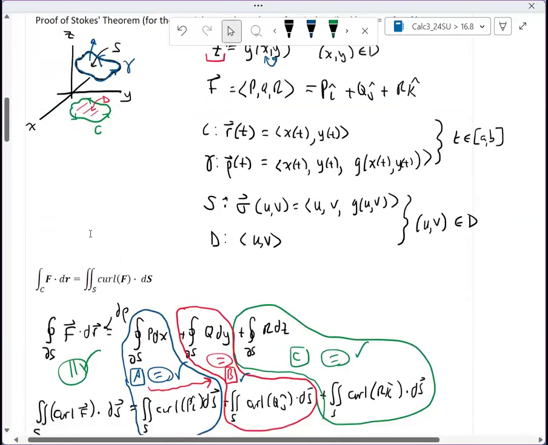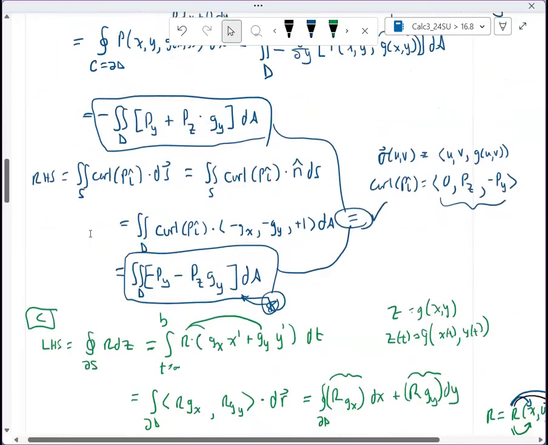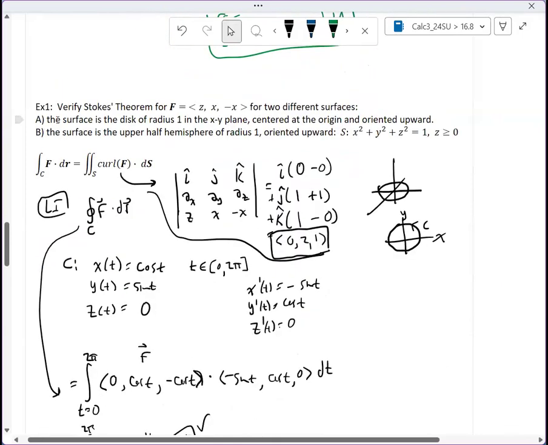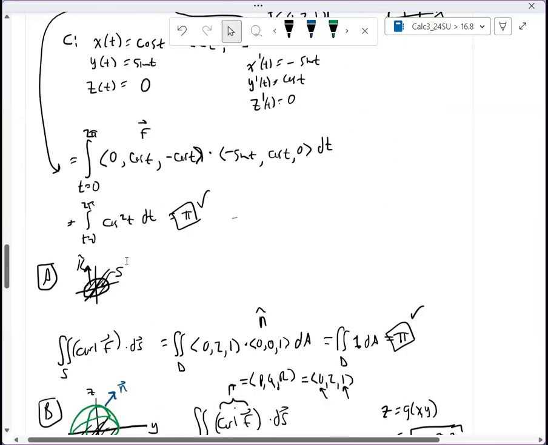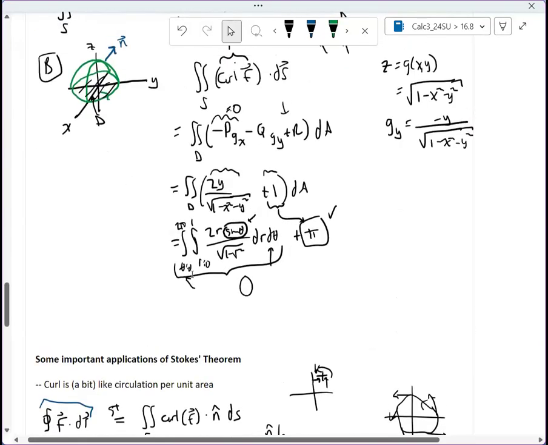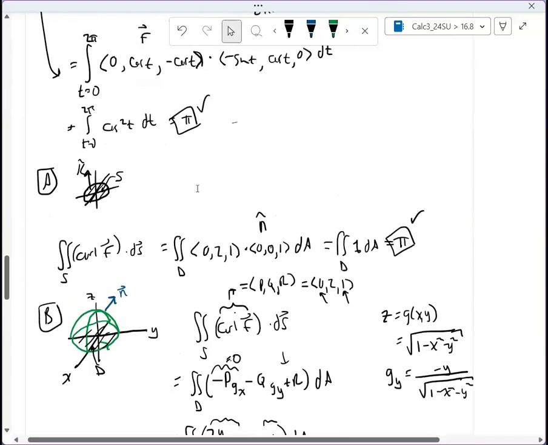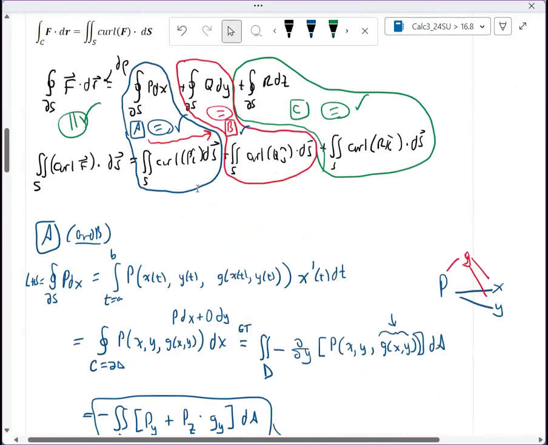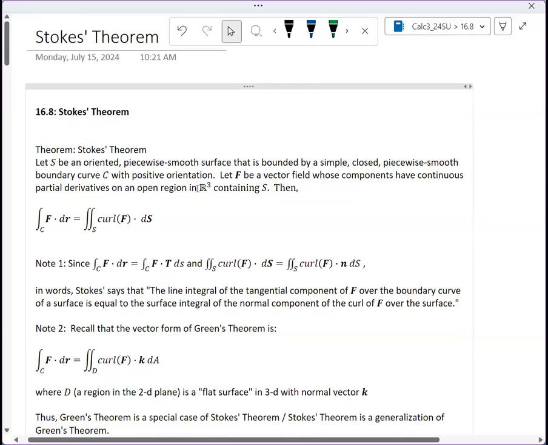In particular, note that strategically, if I had asked the question in part B of example 1, you could use Stokes' theorem to change it into the question in part A of example 1 and save yourself a whole lot of work and a lot of hassle. So some practical applications and some applications to other fields.